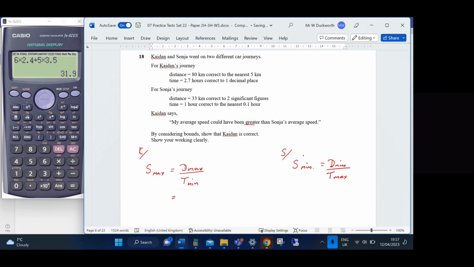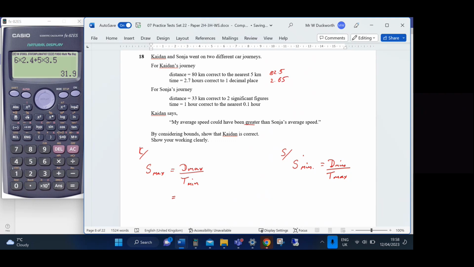Let me just double check a couple of things. Okay, so I'm going to leave my speed as kilometers per hour. The maximum distance, so the distance of 80 kilometers correct to the nearest 5, the maximum that could be would be 82.5. And then 2.7 correct to 1 decimal place, the minimum that could be would be 2.65.